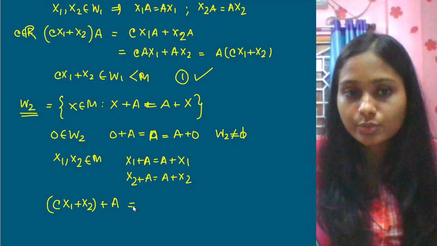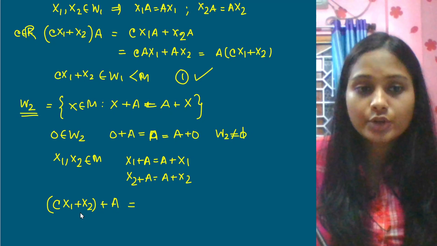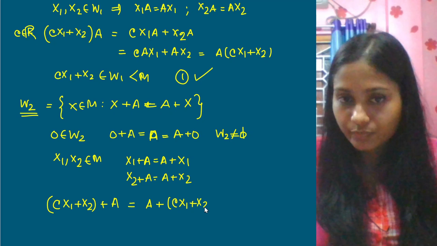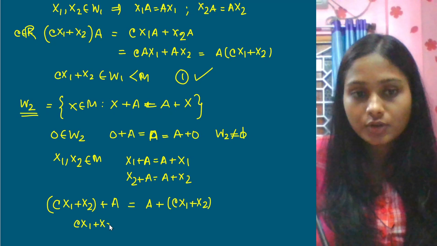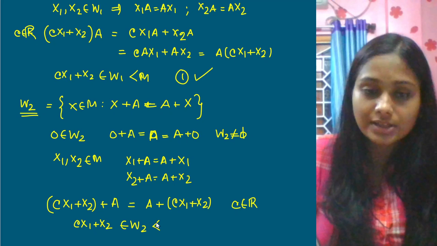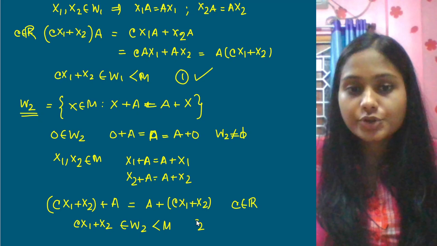We know that matrix addition is always commutative. So this is a matrix and this is also a matrix, so we can commute them. So clearly CX1 plus X2 belongs to W2, where C belongs to the field of real numbers. So this is a subspace of M. So option 2 is also a true option.